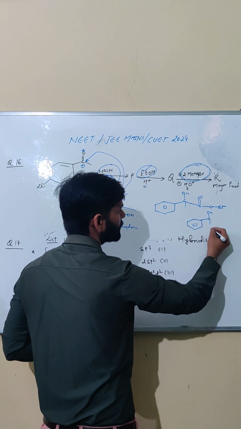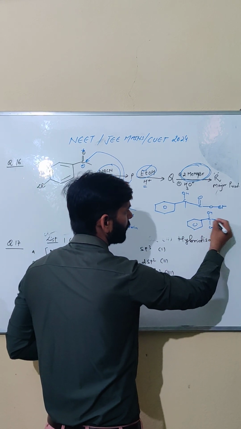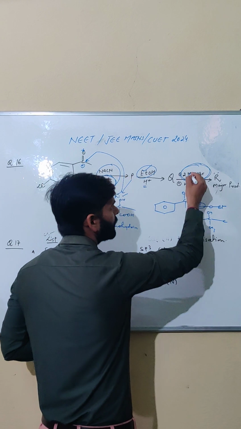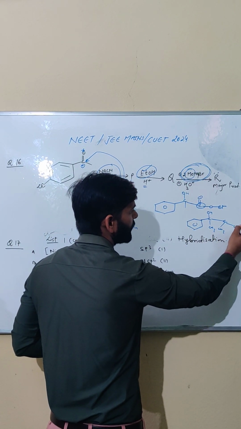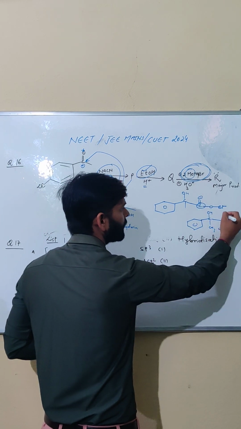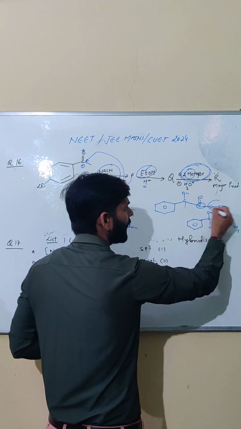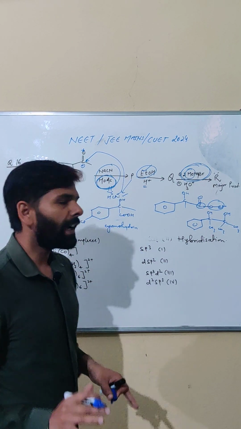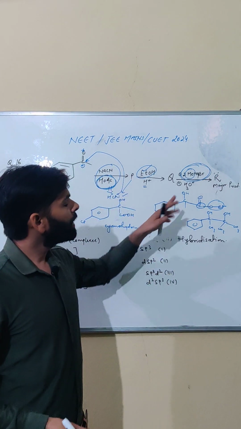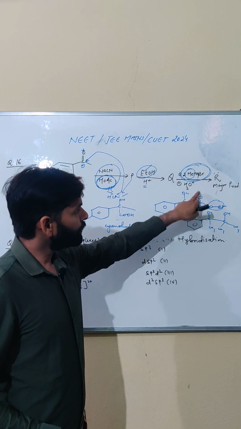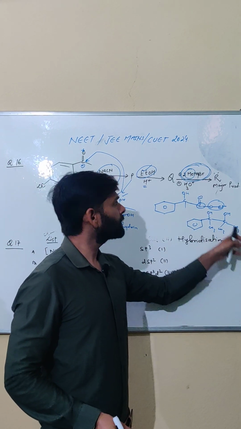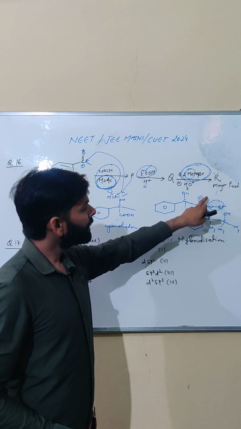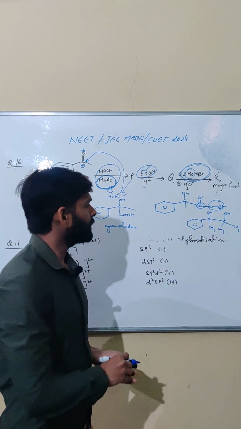OH, this methyl. Okay. And at this carbon, these 2 methyl will get attached, CH3, and this O will get converted into OH, and this will get removed in the form of alkoxide ion. So at the place of ester, CO group, what you have to do? You will attach 2 alkyl groups and you will convert this carbonyl group into alcohol.